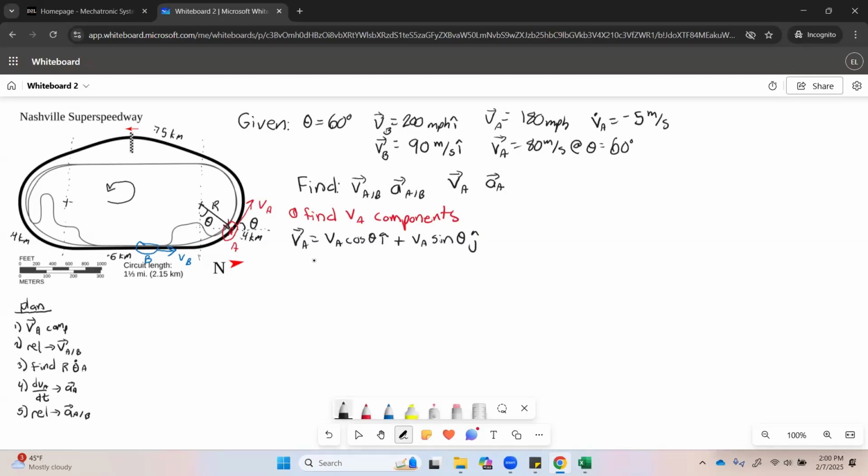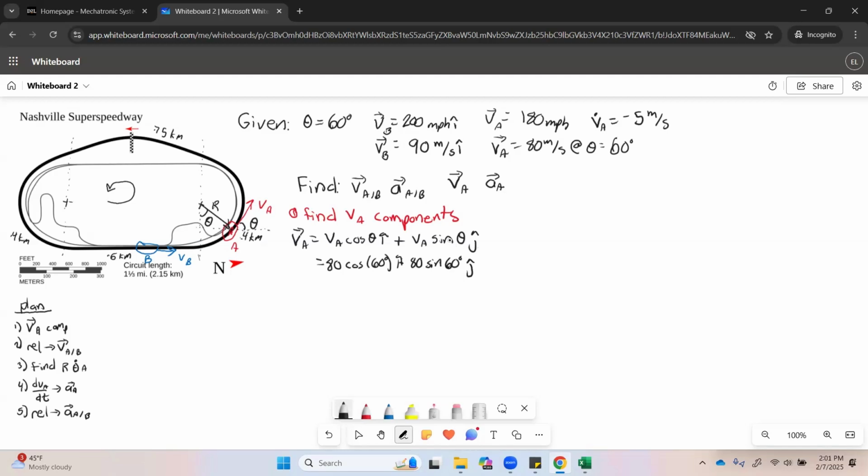All right, so now we put these in. VA was 80 meters per second. So we have 80 cosine 60 degrees in the i hat plus 80 sine 60 degrees in the j hat.